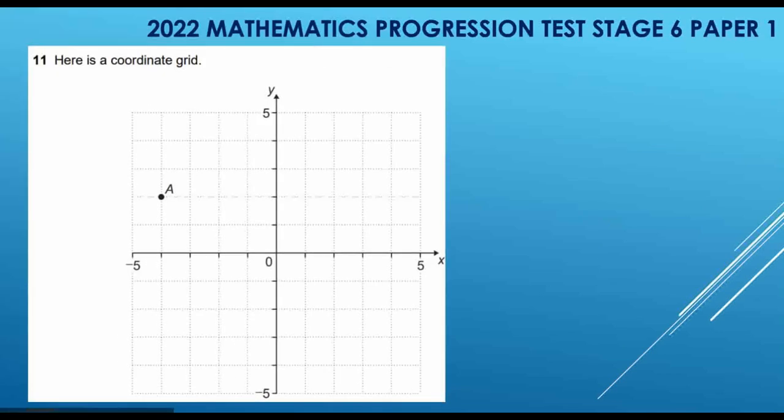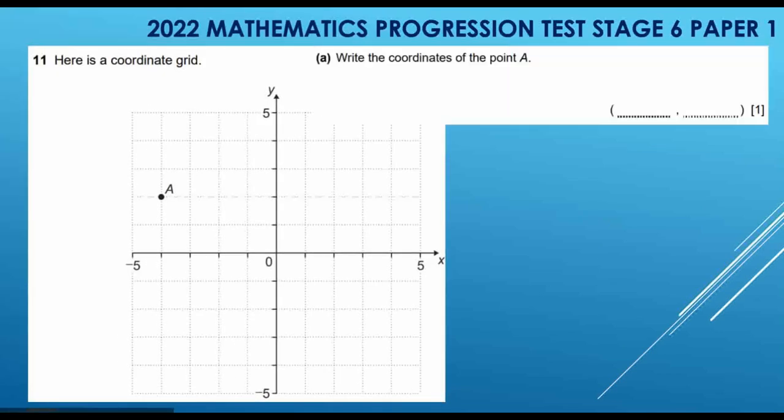here is a coordinate grid. Write the coordinates of point A. So here's the answer. -4, 2.